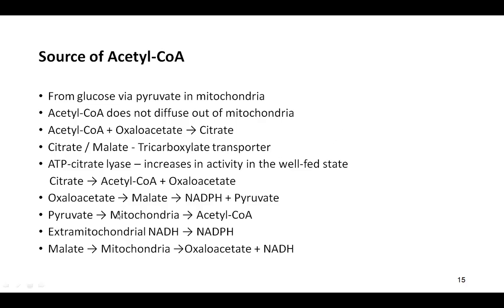That's why in the well-fed state this enzyme's activity increases, so that more and more acetyl coenzyme A present in the mitochondria ultimately gets converted to acetyl coenzyme A outside the mitochondria in the cytosol, so that it can be incorporated into fatty acid. And the oxaloacetate formed in the cytosol will get converted to malate, and ultimately with the help of malic enzyme it will form NADPH, right?